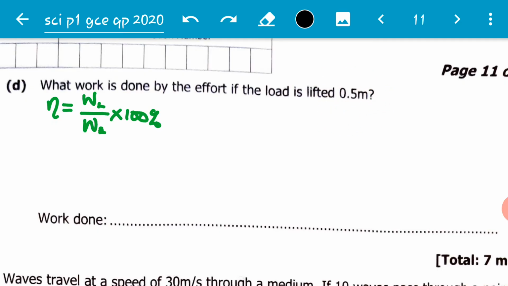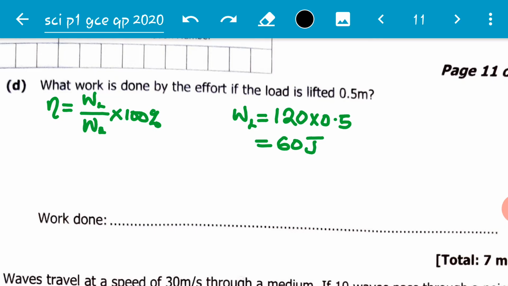The load is 120 newtons, and it moves through a distance of 0.5 meters. Knowing that work is equal to force times distance, the work done by the load is equal to 120 times 0.5, which is 60 joules.